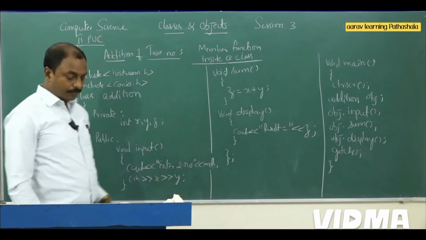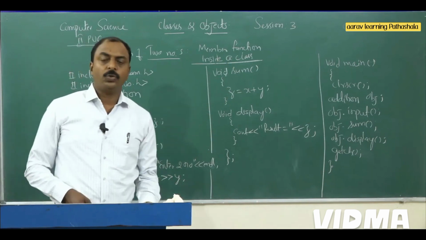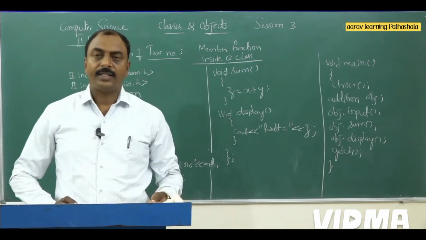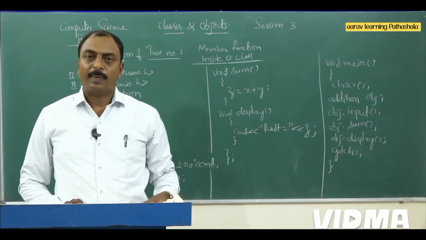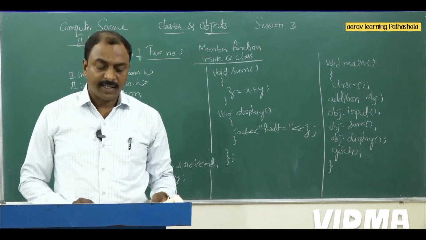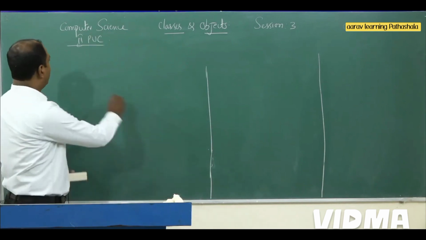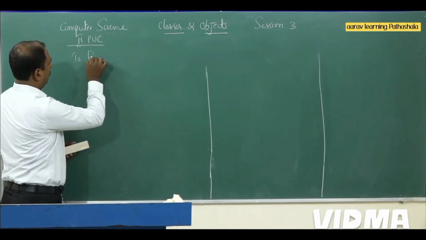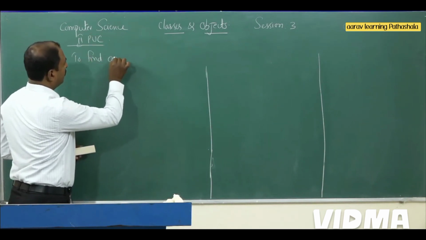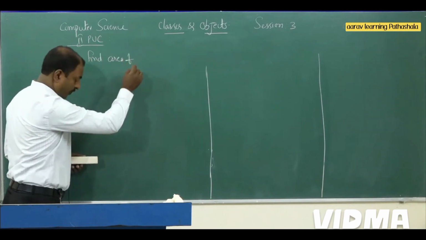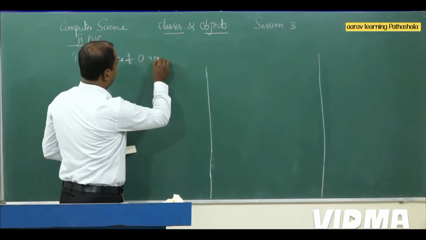Okay, now let us move on to one more example, that is an example for member function outside a class. Students, the next program is to find the area of a rectangle.